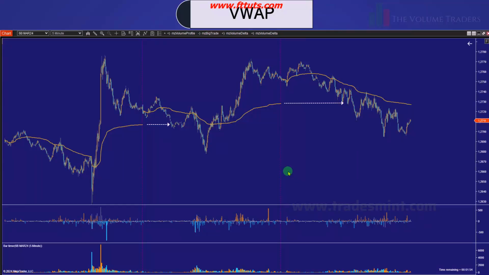And with the VWAP, it is always the same. On the 4-hour chart, on the M15, M5, M1, this is always the average price. So yeah, it represents the true average price on the market.